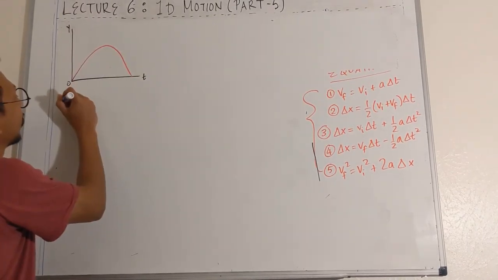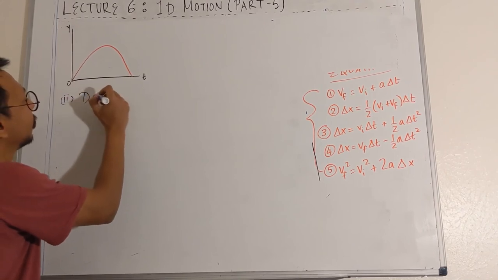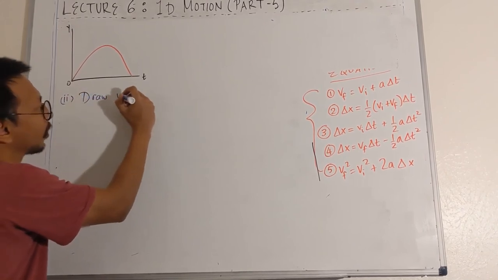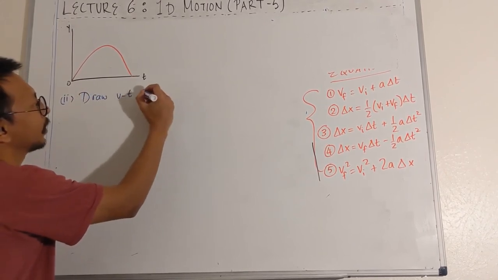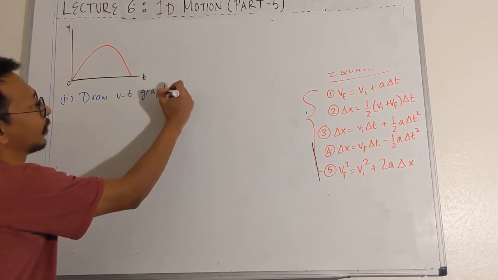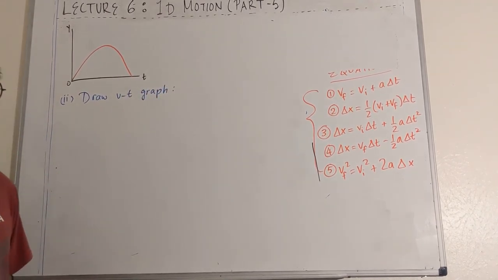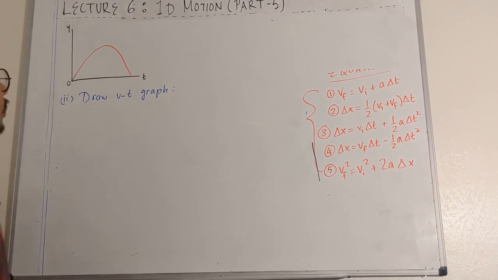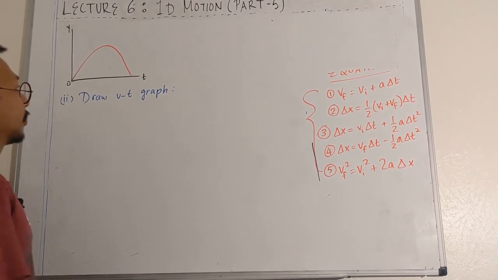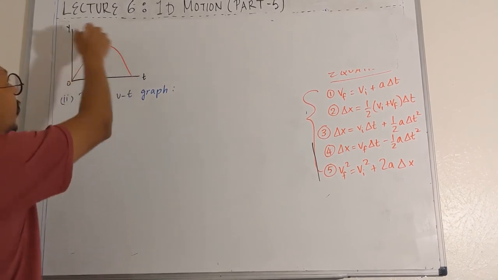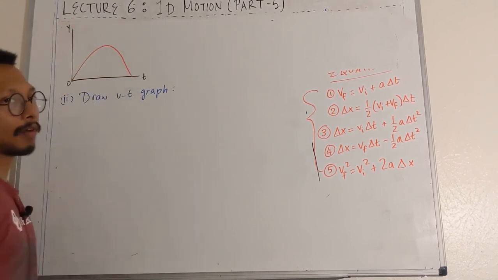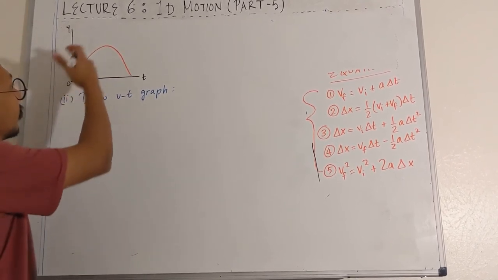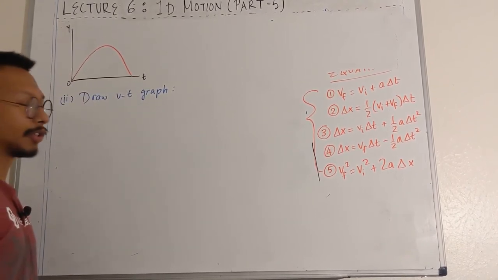The second part wants us to draw the velocity time graph for the current situation. All right, so as we have done previously in the previous lecture, we'll use whatever information we have from the position time graph to draw out a velocity time graph.